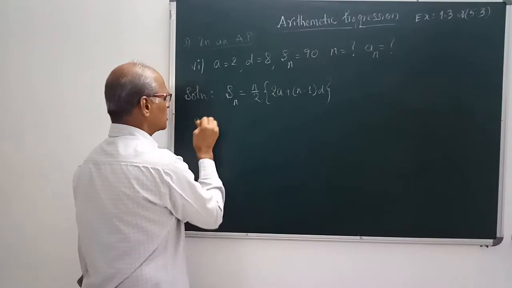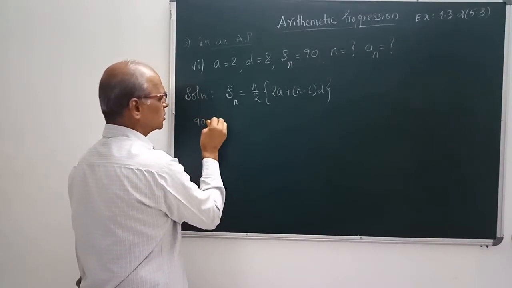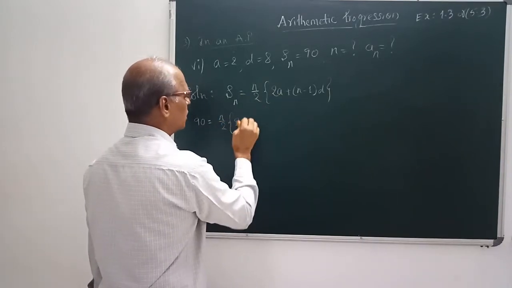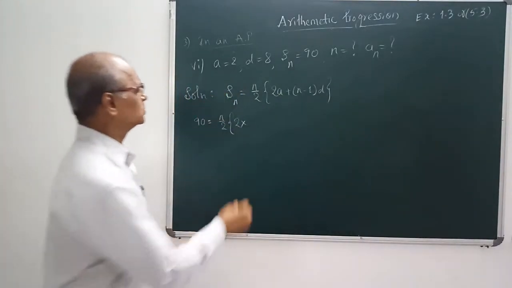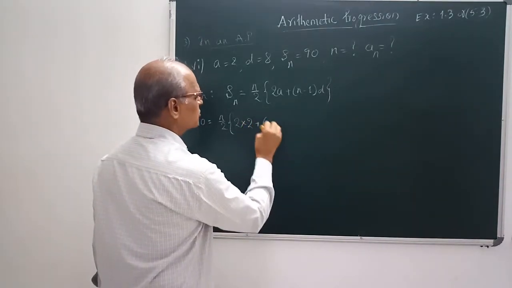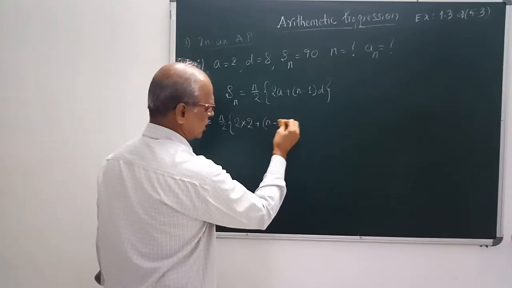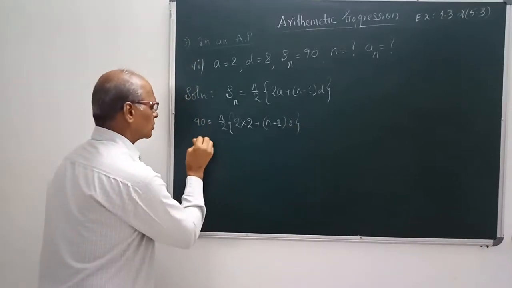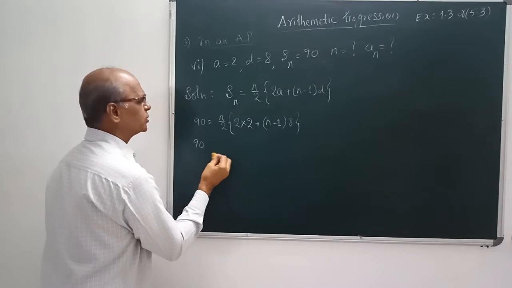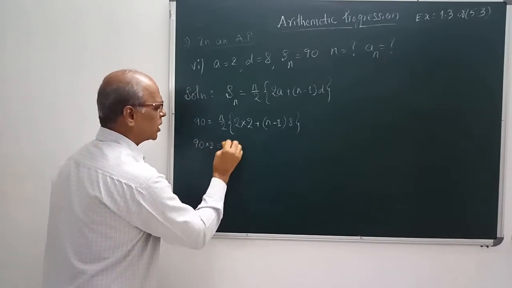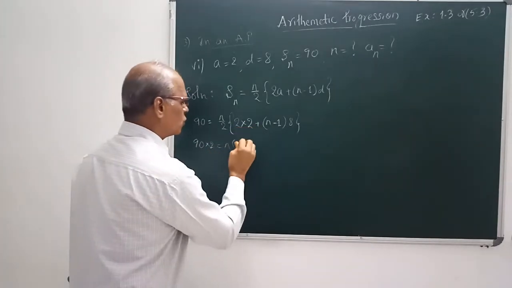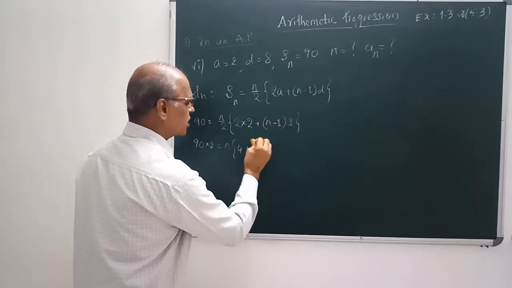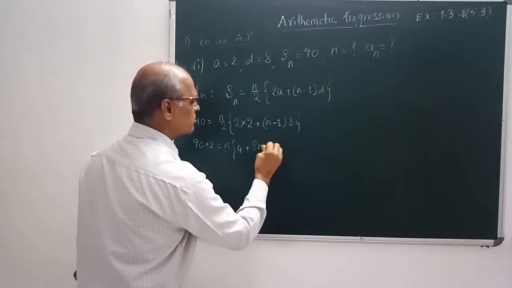That means here 90 is equal to n by 2, we don't know n, into 2 into what is a? 2, plus n minus 1 into d, what is d? 8. 90 into 2 is equal to n into 2 into 2 is 4, plus 8 into n is 8n, minus into plus is minus 8.